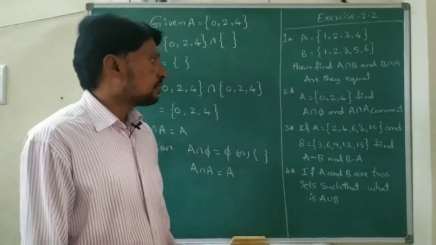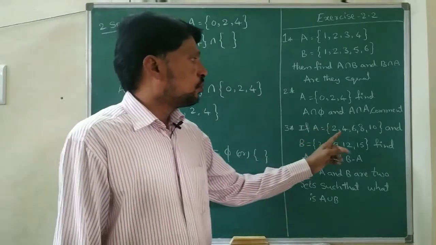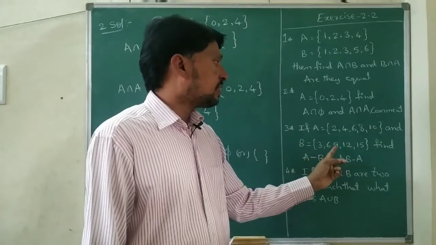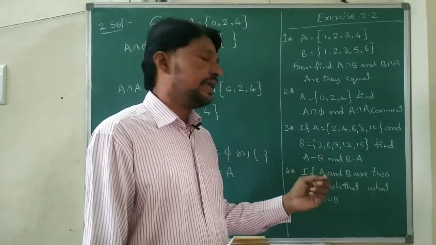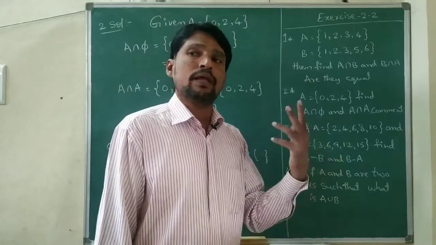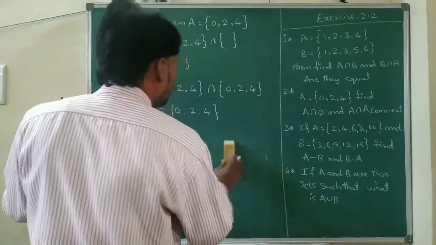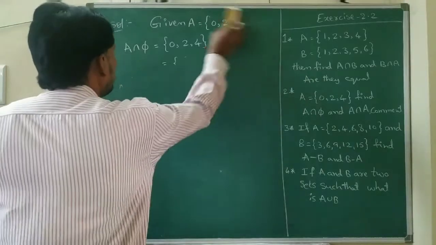Next, the third one: if A equals 2, 4, 6, 8, 10 and B equals 3, 6, 9, 12, 15, find A minus B and B minus A. So here first we need to take what is given.